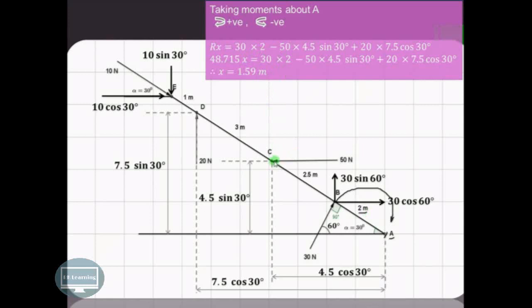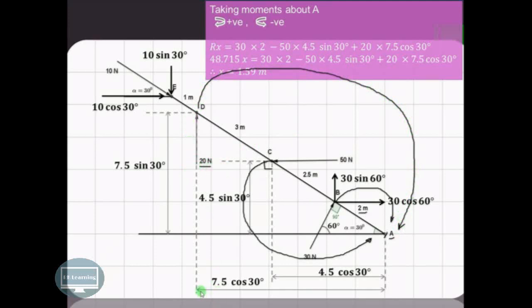Whereas this 50 will produce an anti-clockwise moment about A, and as the 50 force is horizontal, we have to consider the perpendicular vertical distance, so that is 4.5 sine 30. Then this 20 Newton force will produce a clockwise moment about A, and hence it is positive, and as this 20 Newton force is acting in the vertical direction, we have to consider the perpendicular horizontal distance of 7.5 cos 30, and therefore it is 20 into 7.5 cos 30.